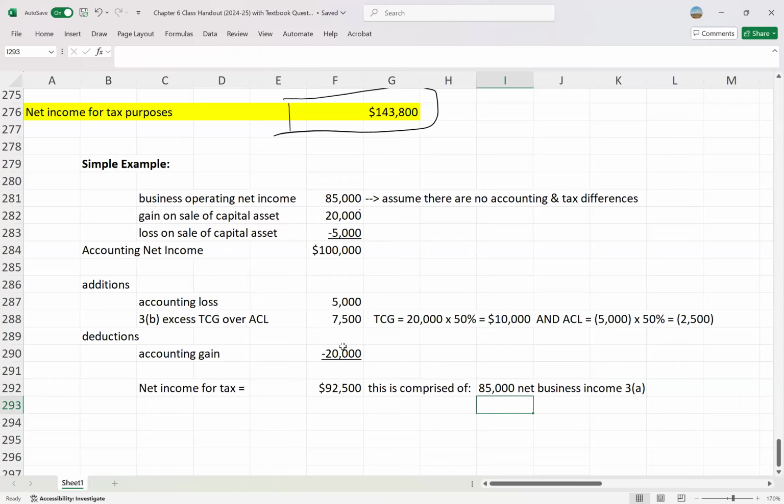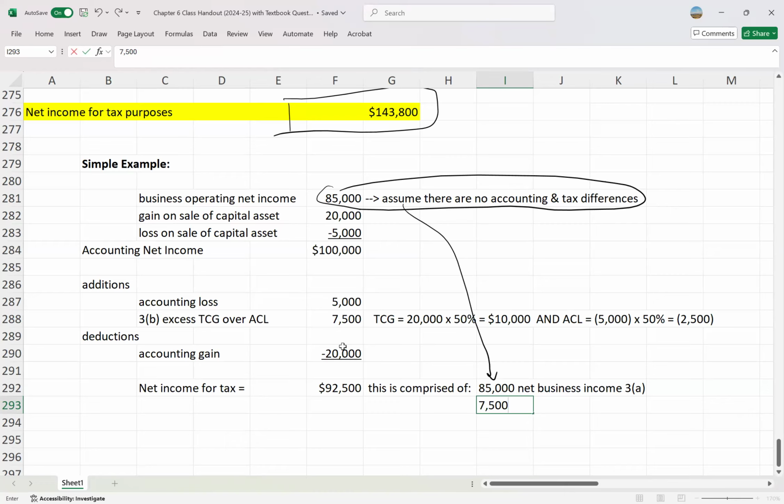This is a sole proprietorship. So remember this 85,000, we assume that there was no difference between tax and accounting. And then in 3B, that would be the 7,500. This would be the excess of the taxable capital gains over the allowable capital loss. And that would be in 3B on their tax return. But once again, the total would be 92,500.